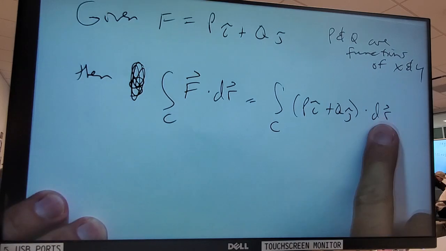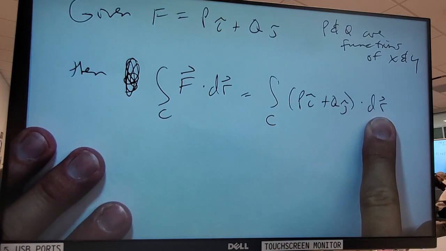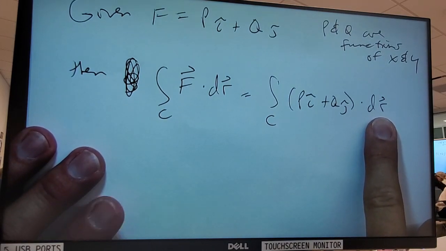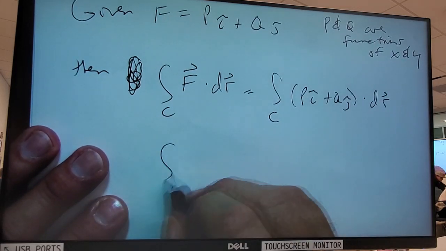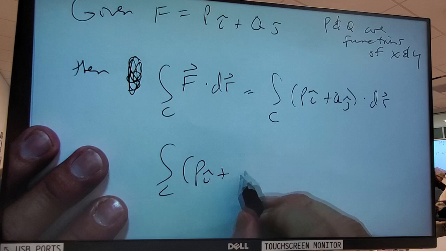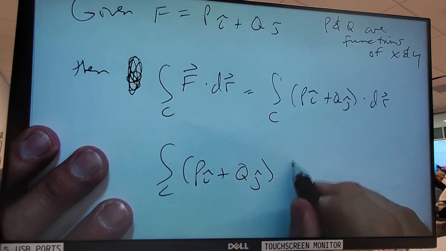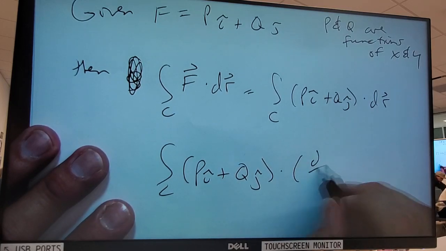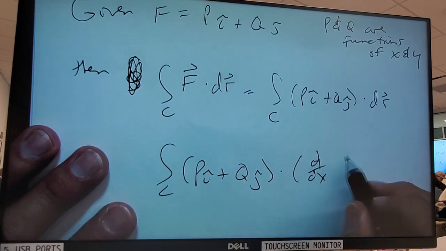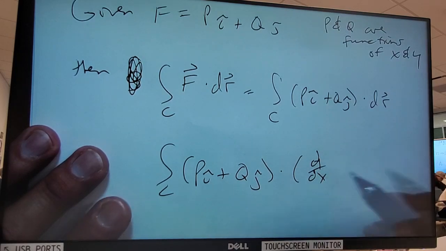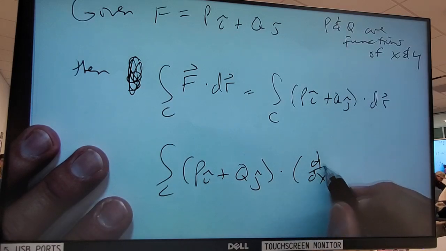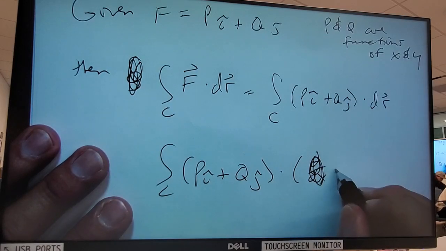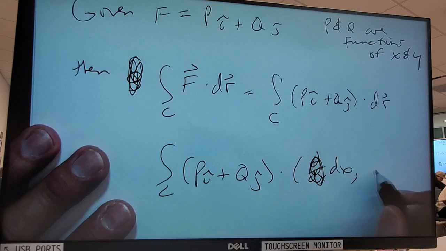What is this? That is a vector. Do you see that? This vector is going to be dx dy.